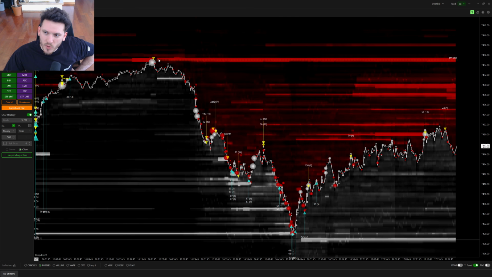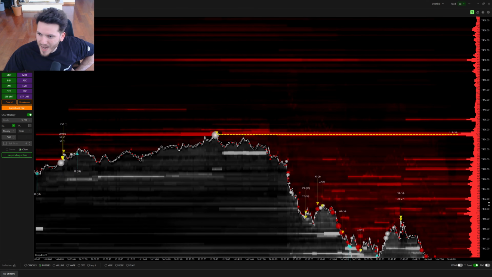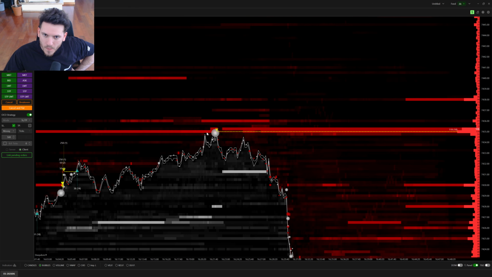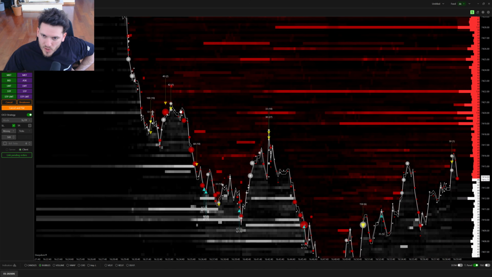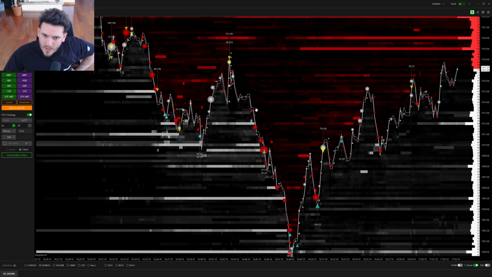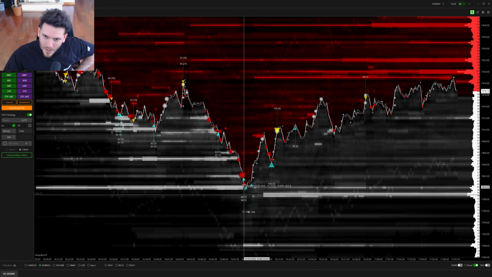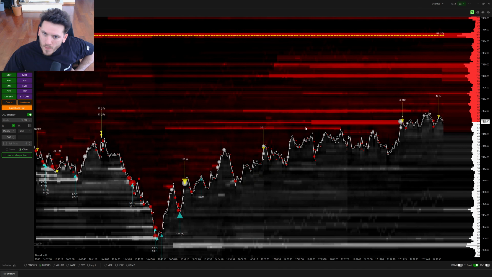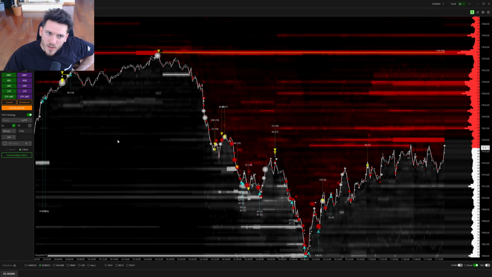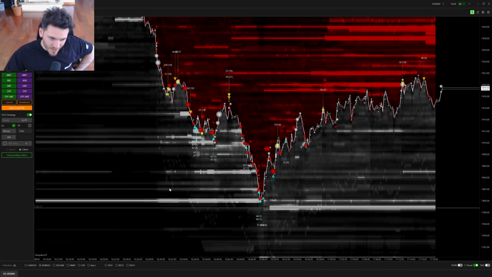Ooh, there was a huge iceberg over here, by the way. Look at how this plotted the high of the entire day. Right over here. And then support from sell icebergs again. And at the bottom, look at this. This is crazy. More buy icebergs, a huge buy iceberg over here, and price immediately follows. I mean, this is the closest thing to a cheat code in order flow analysis that I can name.